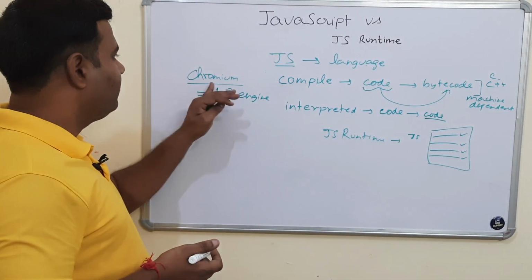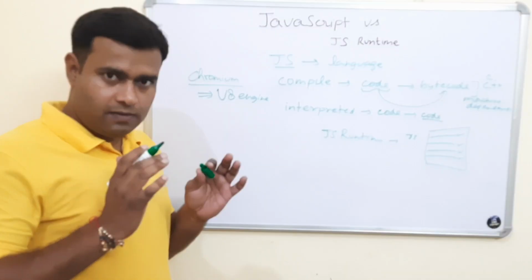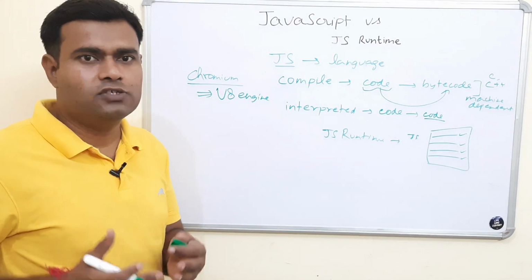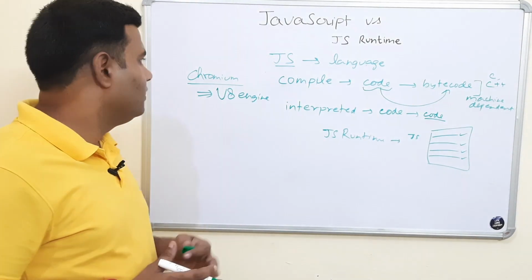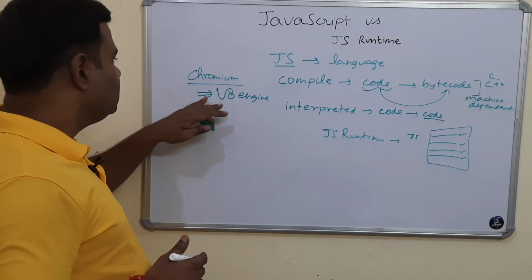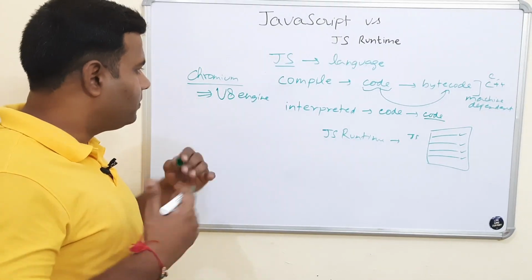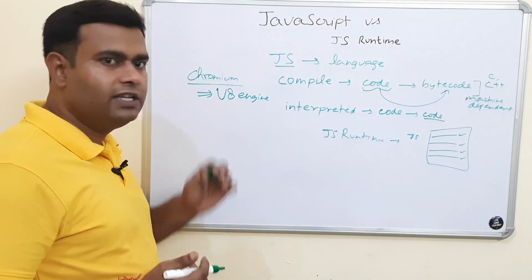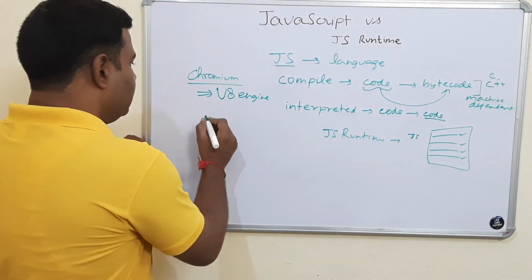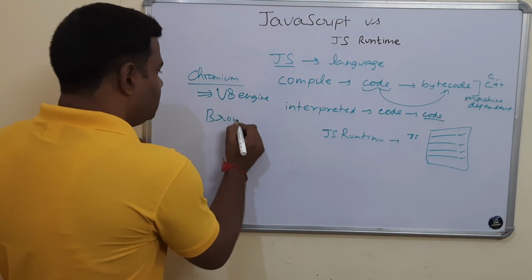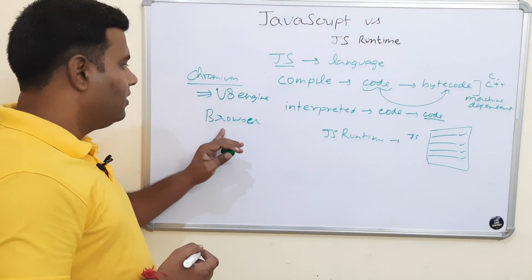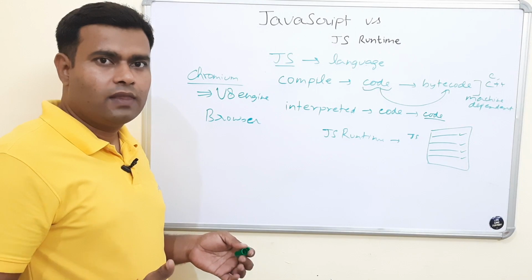Chrome is built on top of Chromium. Chromium is an open source browser, and now Microsoft Edge has also started using Chromium, right? So they have the V8 engine which will interpret and understand the JavaScript language. And the browser is one software which provides this JavaScript engine for web interaction.